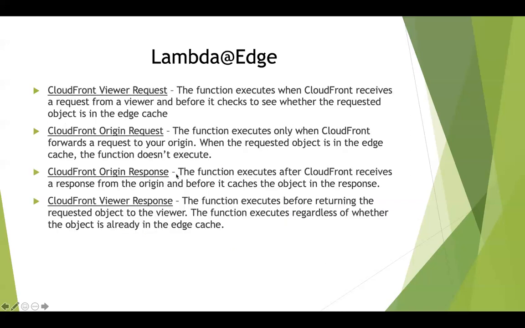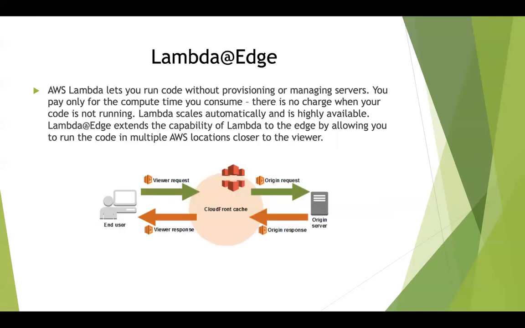Okay. And when it comes to the origin request, that particular function executes only when CloudFront forwards the request to your origin. When the requested object is in the edge cache, the function doesn't execute, which means that this function will run only if your CloudFront cache is going to request that object from the origin server. If it already has that object, it is going to directly respond to the end user.